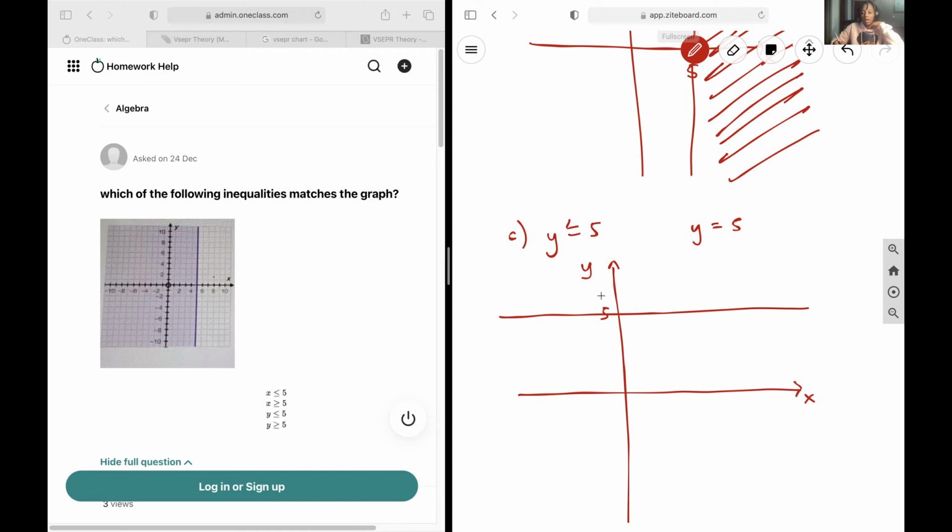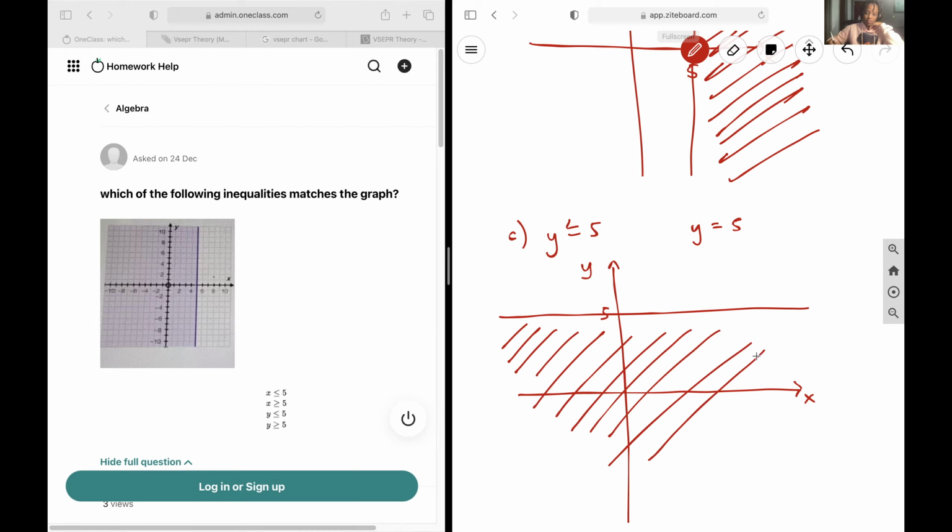Okay, and then we have y is less than or equal to. So I want all points including this line and below it. So on the y-axis, that is 5 and below. So 5, 4, 3, 2, all the way until negative infinity. And that will look like this on the graph.